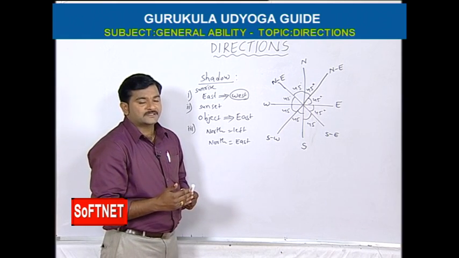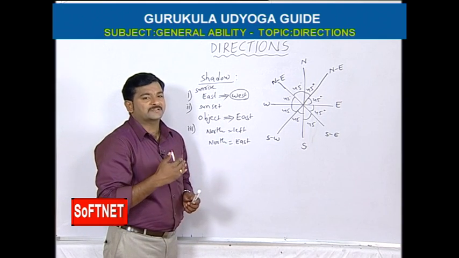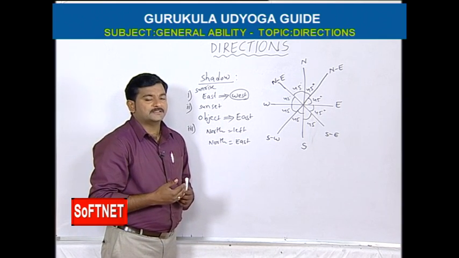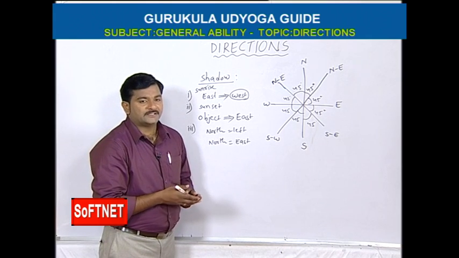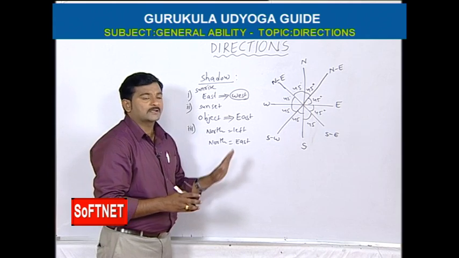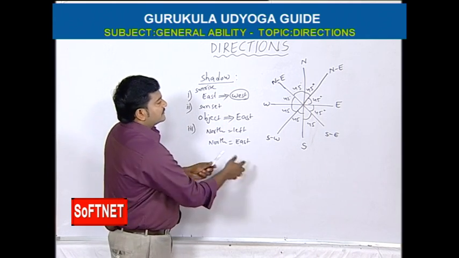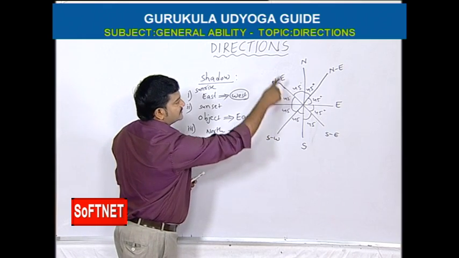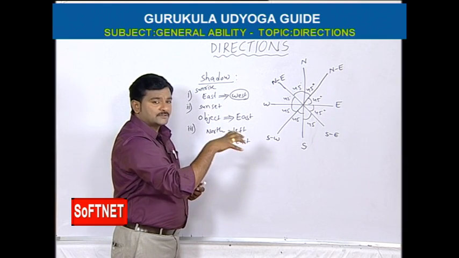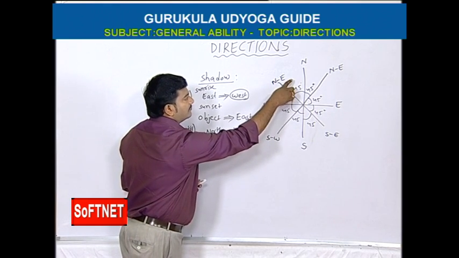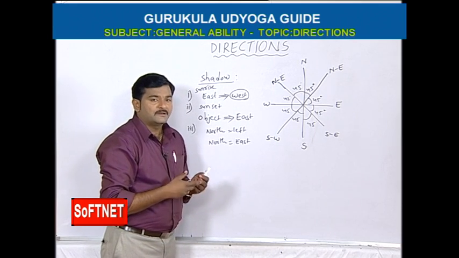Third point I will say once again. Think that the person is facing towards north direction. At the time of sunrise, if the person is facing towards north direction, then his shadow will be always towards left direction. So left means west only. So in the morning time, the shadow will be always towards left, which means west direction.